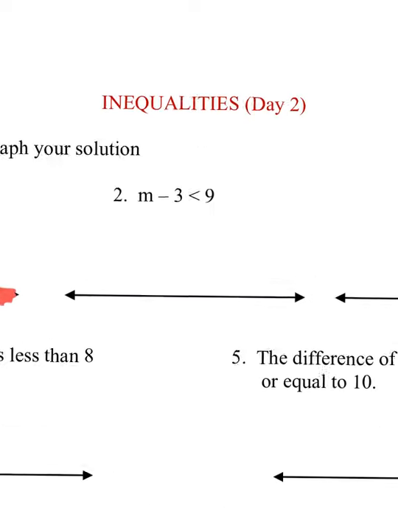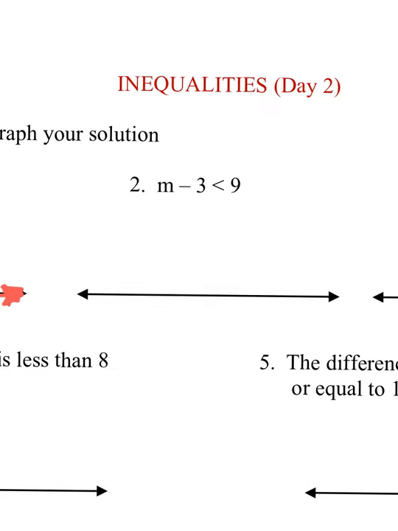So again, all we're doing here differently is that we have to get the variable by itself, and in this case it's m. So here we're going to add 3 to both sides. And you can continue to keep that line there.